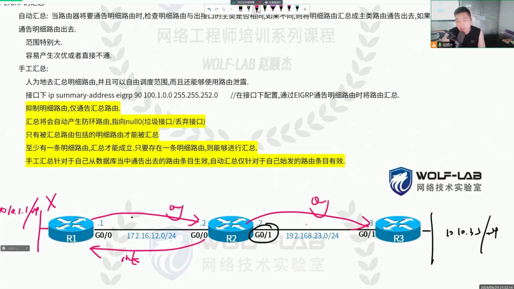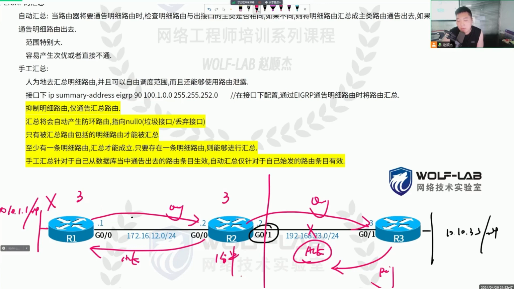R1 started a 3-minute timer, and R2 also started a 3-minute timer. After more than a minute and a half, that is half the time, we will send SIA query messages. R1 will send SIA queries to R2 to inquire about the link status, and R2 will send them to R3, so the status is reconfirmed.